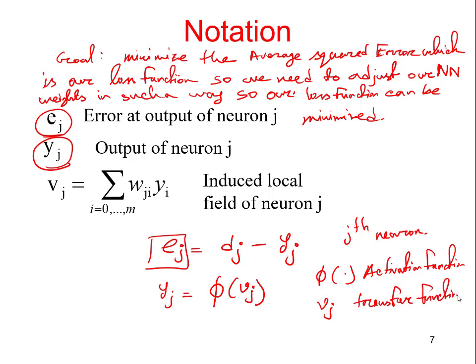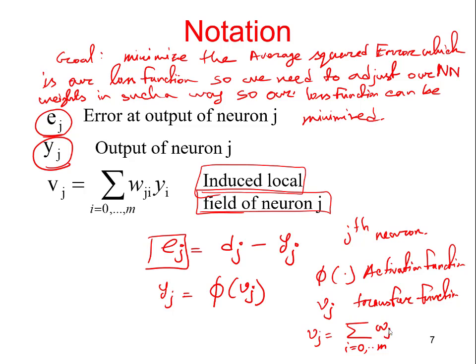The transfer function is considered as the induced local field of neuron J, and it is formulated as the summation for i equals 0 to m of the associated weight Wji times the incoming inputs Yi.